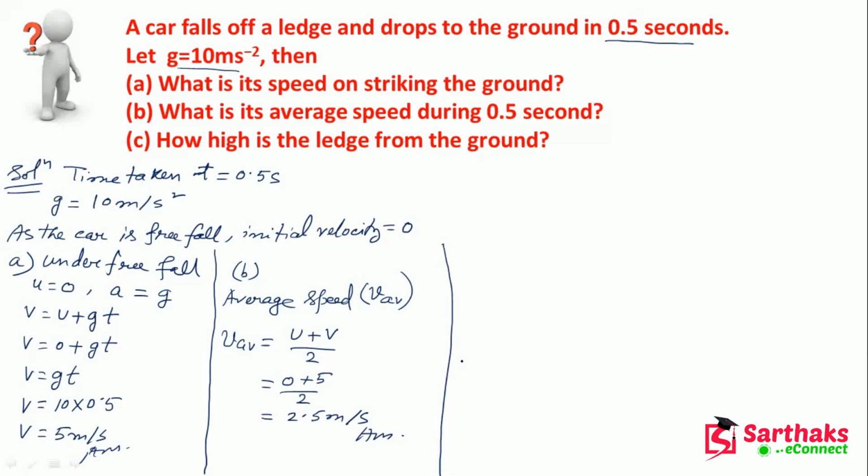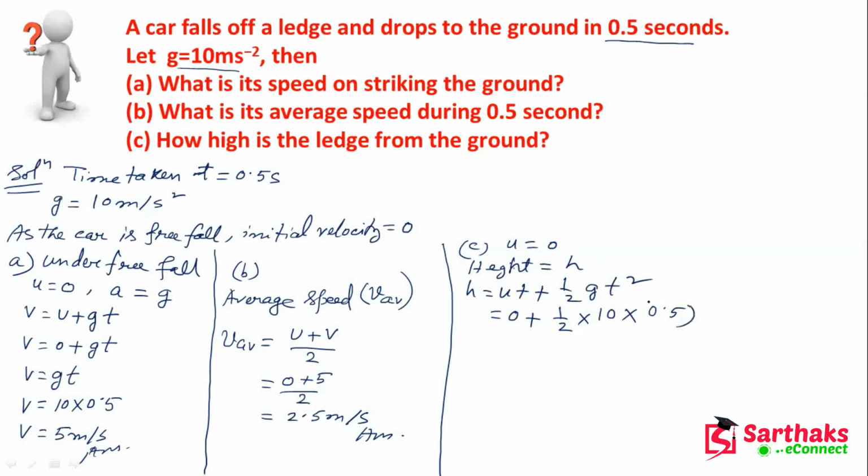Let's do the last one. How high is the ledge from the ground? So here for C, u equals 0. Let the height be h. So h equals ut plus half gt square. Now this will be 0. Half g is 5, t squared is 0.5 squared.